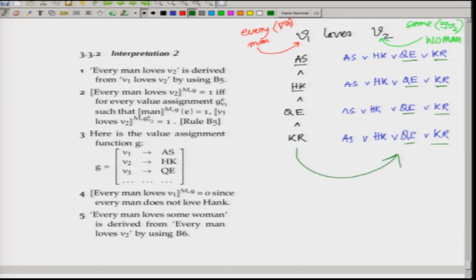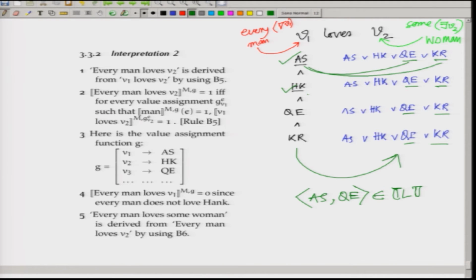Let us check whether this man loves at least one woman. Let us see. The relevant things are these two. So, AS, QE, yes, we know that AS comma QE belongs to the reference of L. So, this one man qualifies. What about this? Both have to, because it is a case of every.